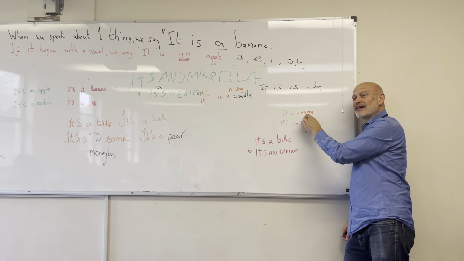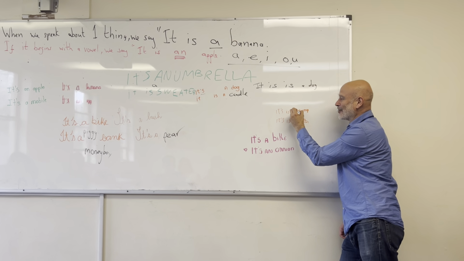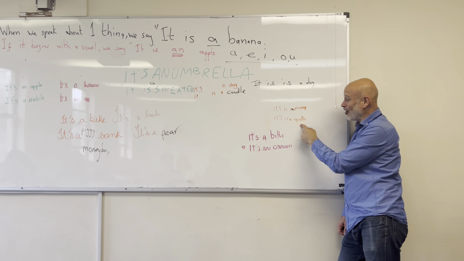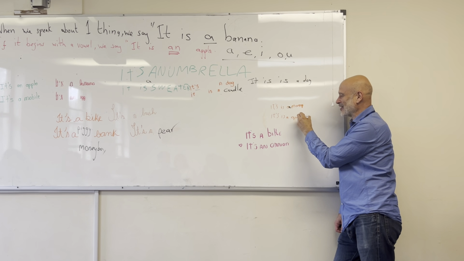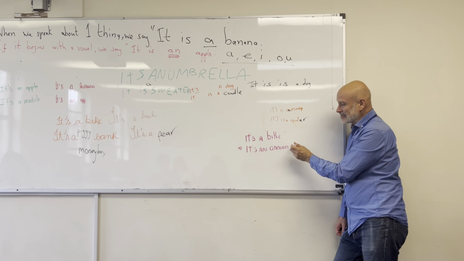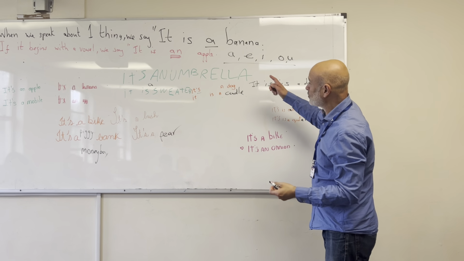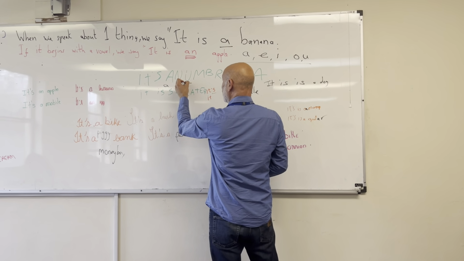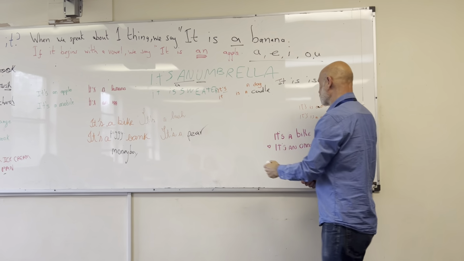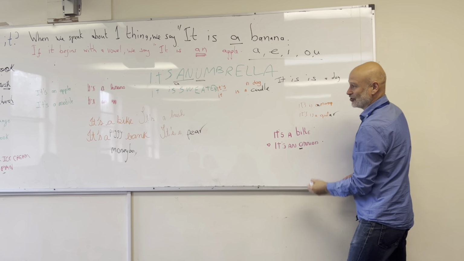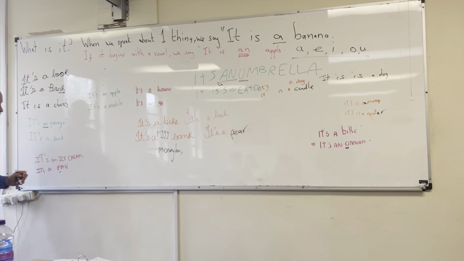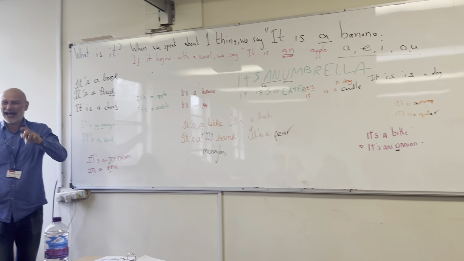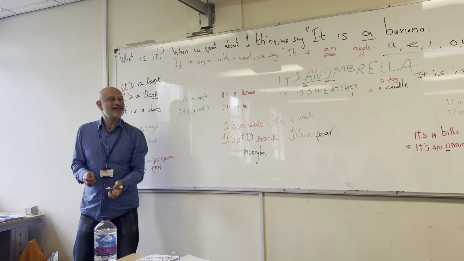Remember, Marco, it's an orange. And guitar, you nearly got there, but it only has one T. I think you knew that. It's a bike, it's an onion, so you can see the words beginning with the vowel. It's an umbrella, it's an onion, it's an egg, it's an orange, it's an ice cream, and everything else is it is a.